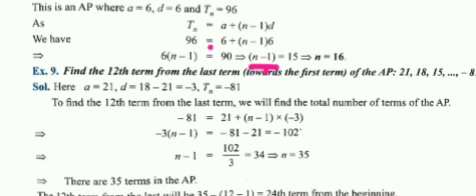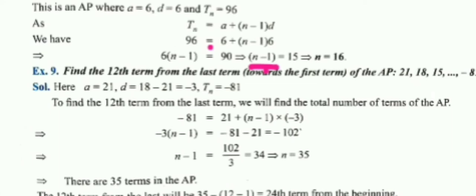Now students, just find out the common difference. Common difference: from the second term, you have to subtract the first term, 18 minus 21, it is minus 3.